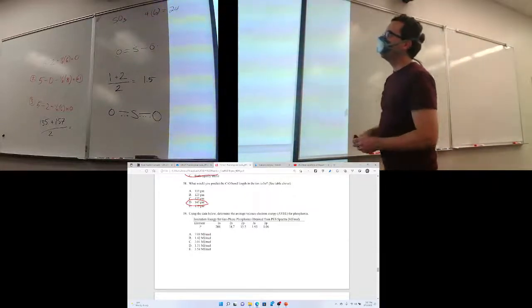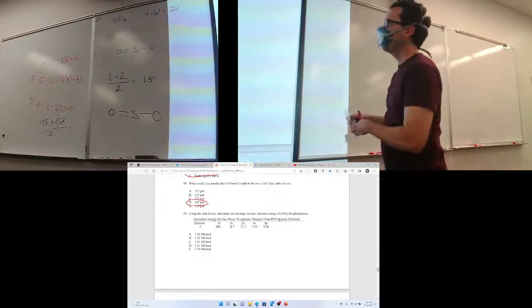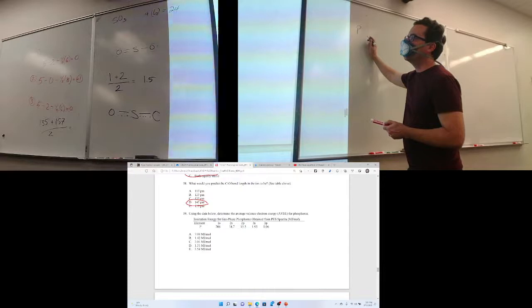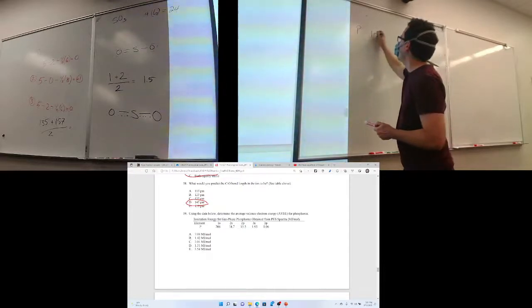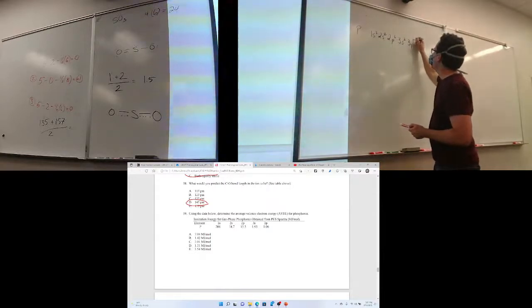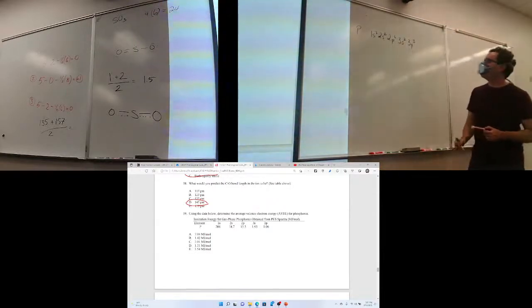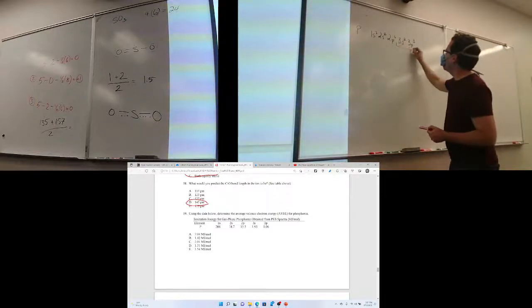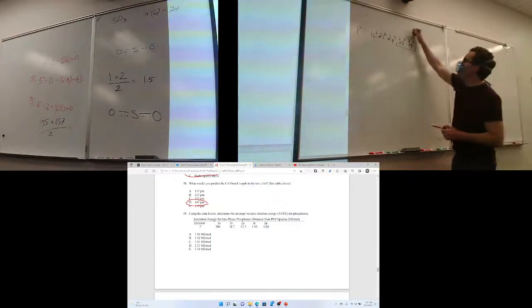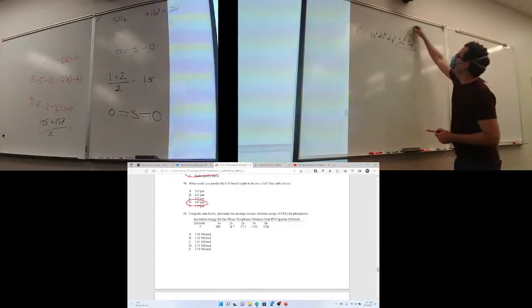So for phosphorus, let's do just for fun, we'll do the electron configuration. It's 1s2, 2s2, 2p6, 3s2, 3p3. That's phosphorus. So the valence orbitals are just these, so we're looking at these electrons as the valence electrons.